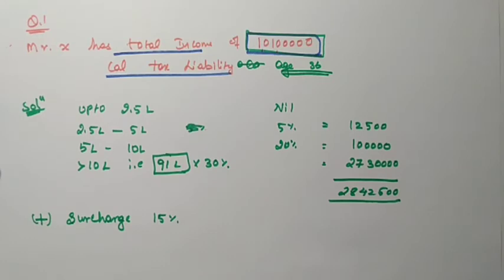On tax liability amount, that is 28,42,500 into 15% is equals to 4,26,375.